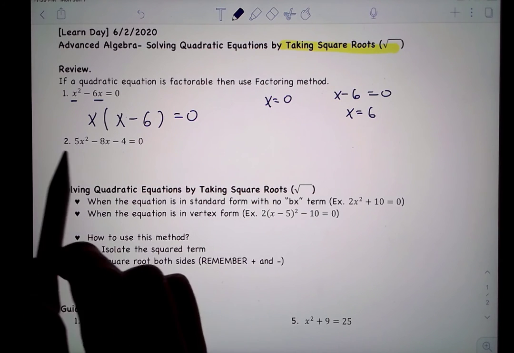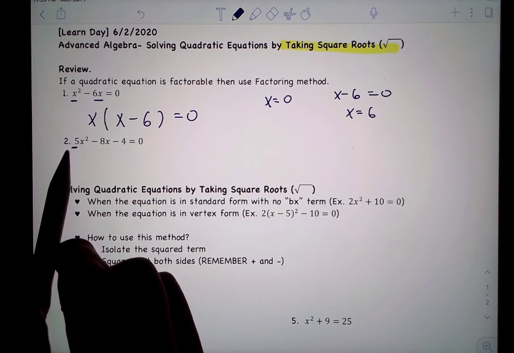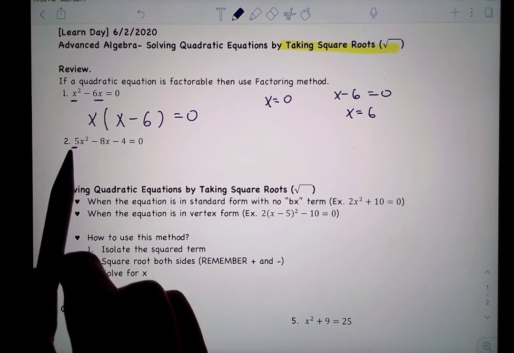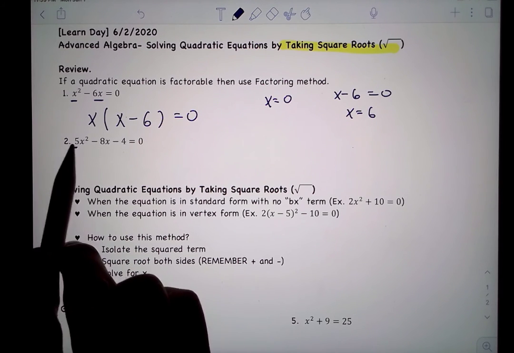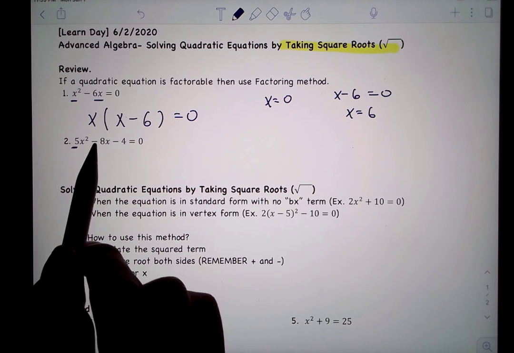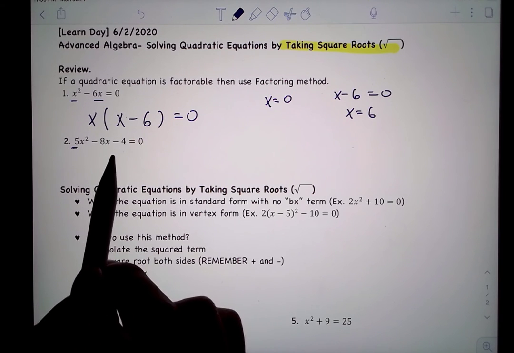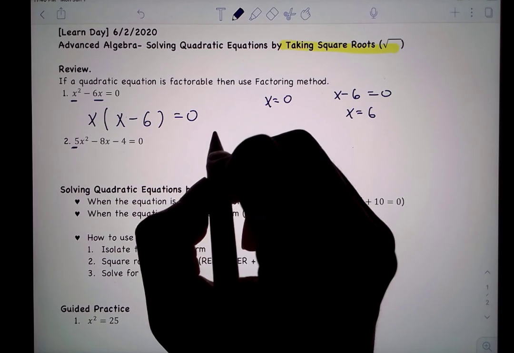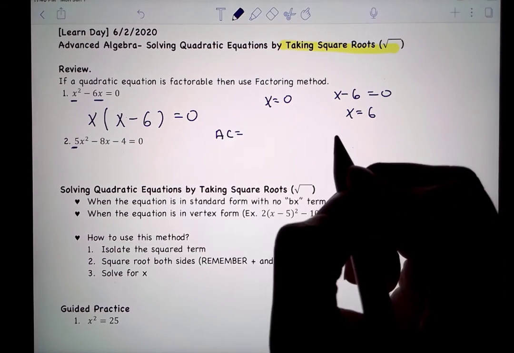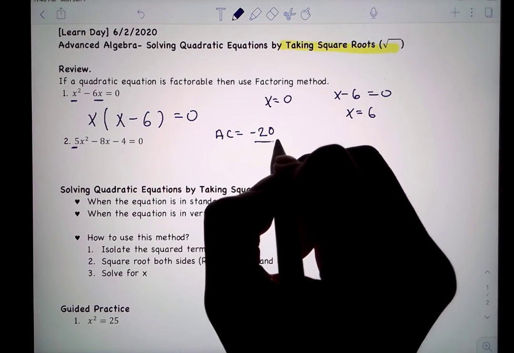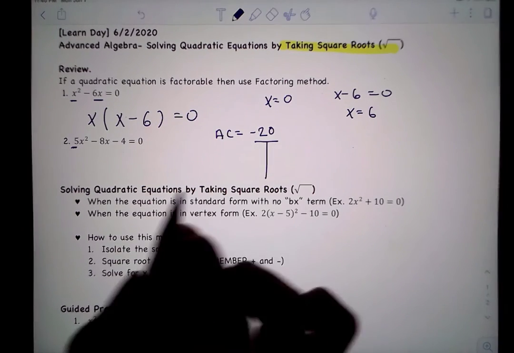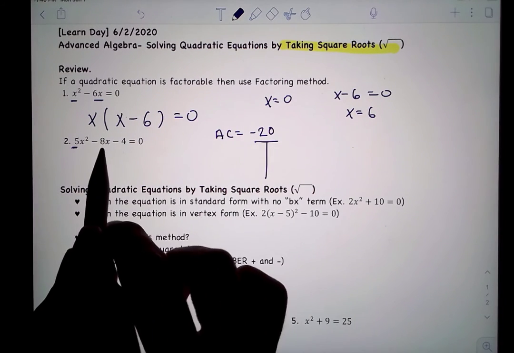And for this one, look at your coefficients. A is not 1. So we need to think about whether this A is a GCF, but it is not, because your numbers are 5, -8, and -4. So we have to do AC, right? My AC is -20, and you break it, and the difference is 8.